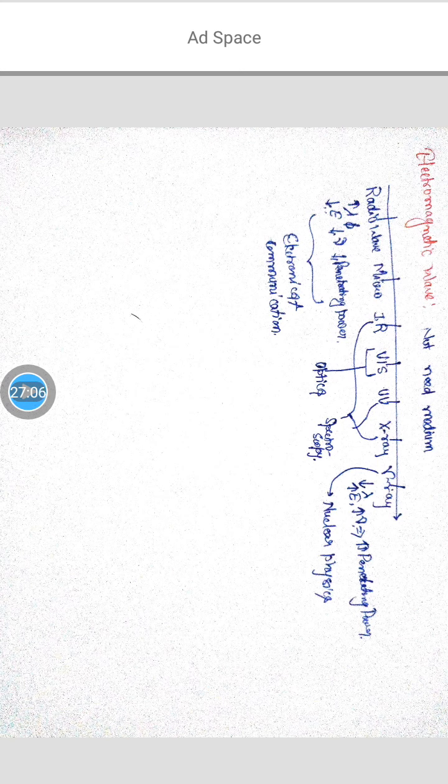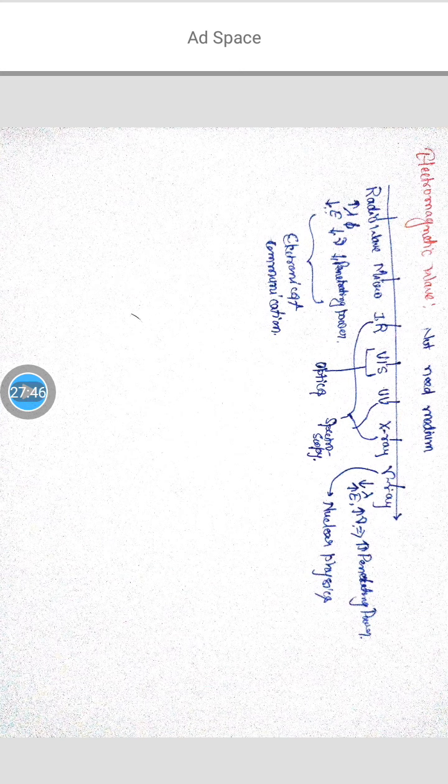In a radio wave, the wavelength is very high, that means energy is very low, that means frequency is very low. And for a gamma ray, on the other side, the wavelength is very low, that means energy is very high, that means frequency is very high. Those with more energy can powerfully penetrate any obstacles. So gamma rays have high penetrating power compared to radio waves. Radio waves have less penetrating power.